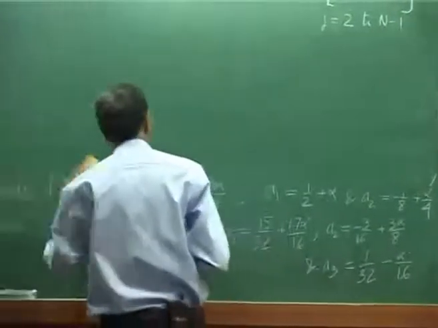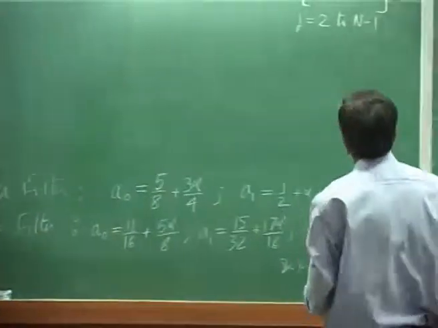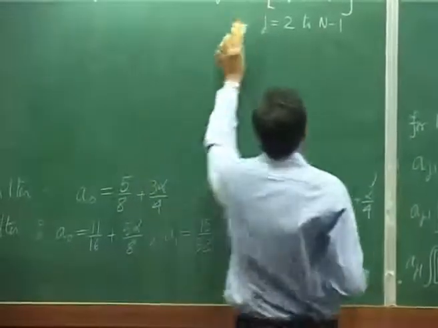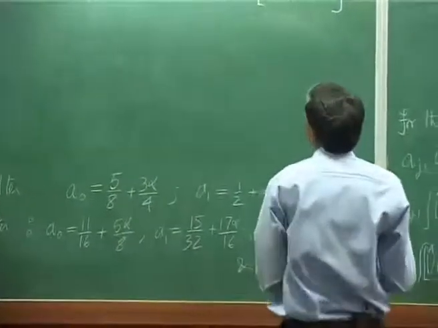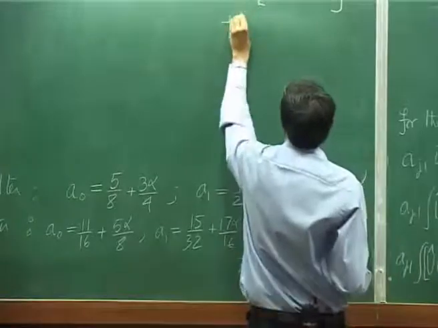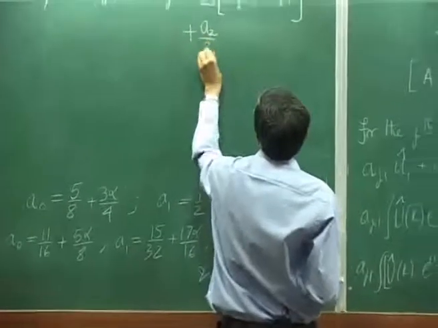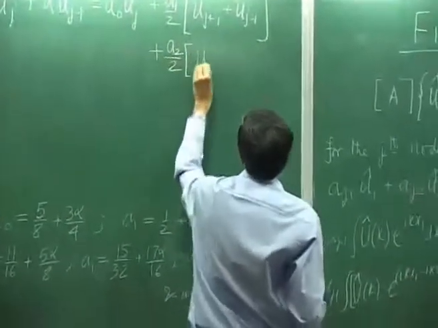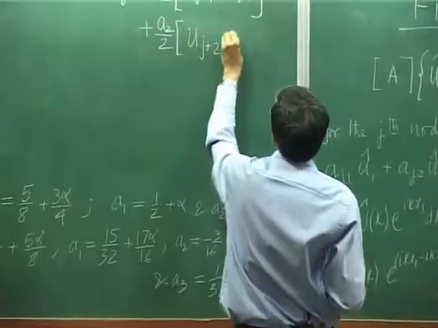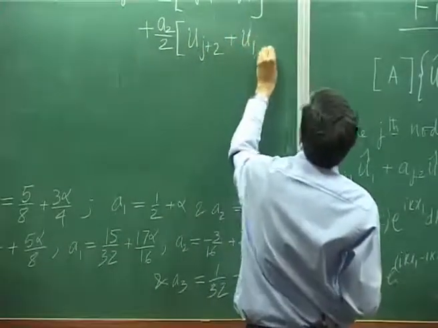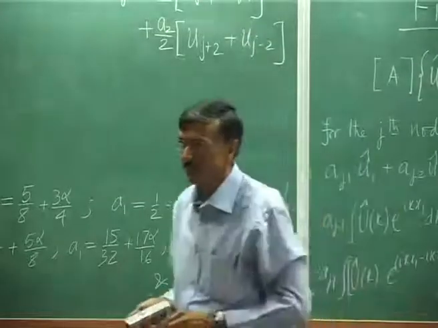Well, as we have written, we would then be adding this next pair of terms, that would be this a2 by 2, and then we will write u j plus 2 and u j minus 2.